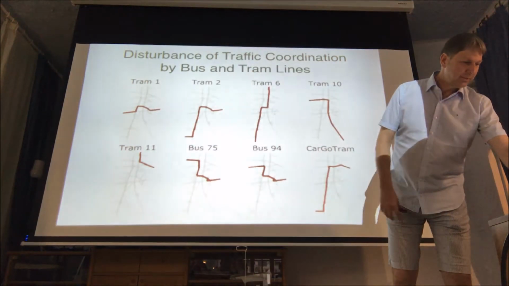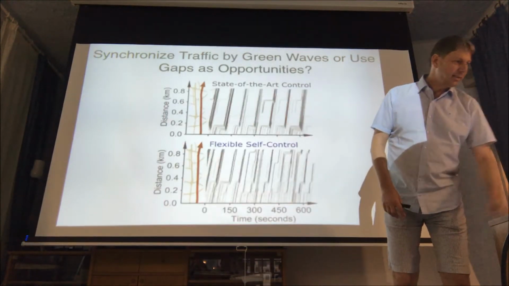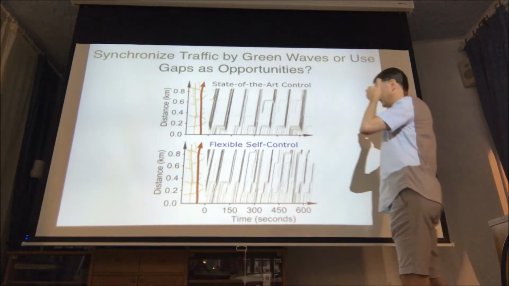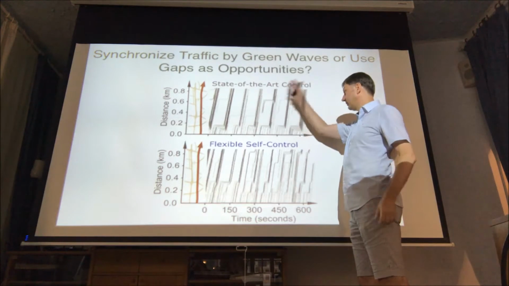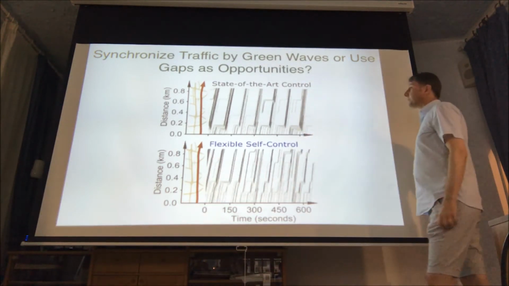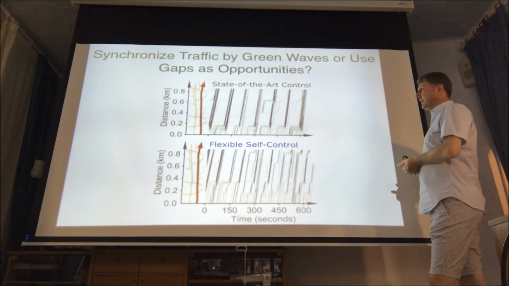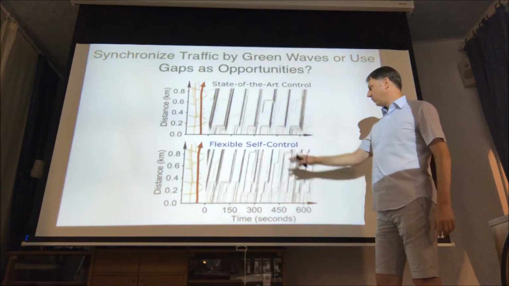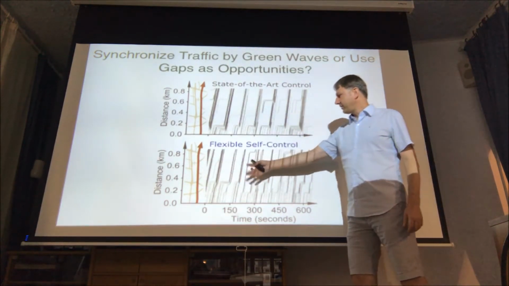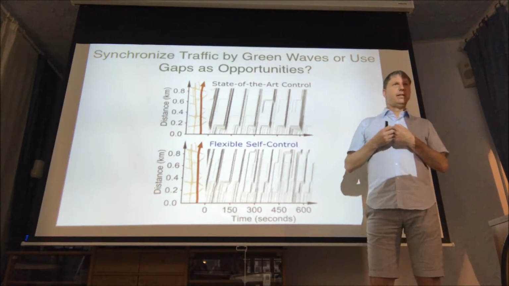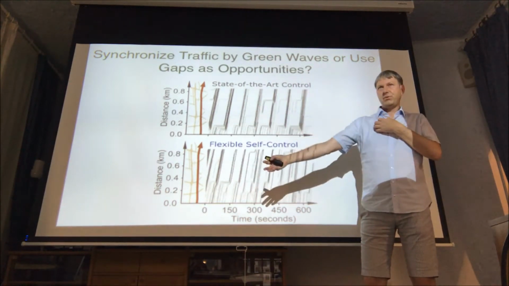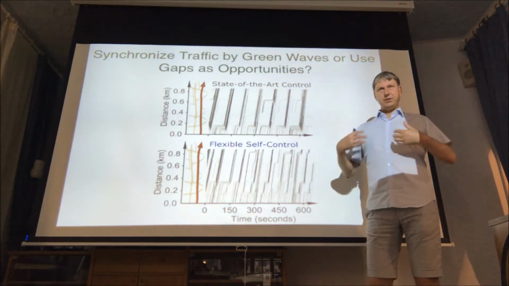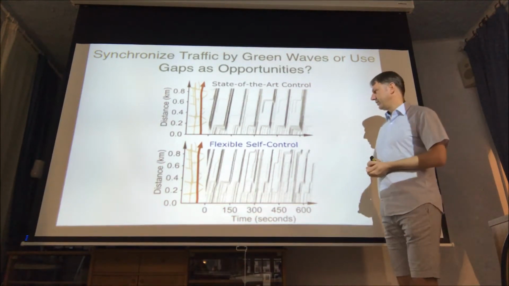And then we were working with the same data that was used to set up the state-of-the-art control that they're currently using. And you can see over here it is creating those green waves. But it's a pretty rigid pattern, while we have a flexible pattern that actually uses gaps in the traffic flow that occur by themselves as opportunities, and adjusts to those opportunities and uses them.